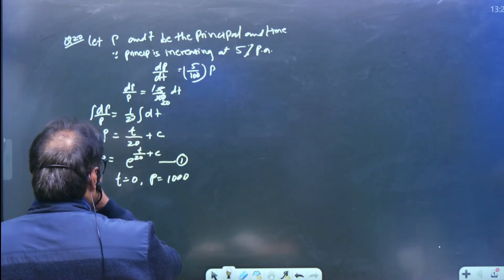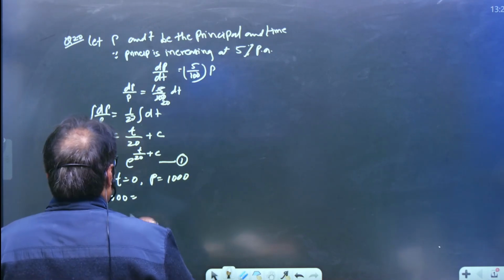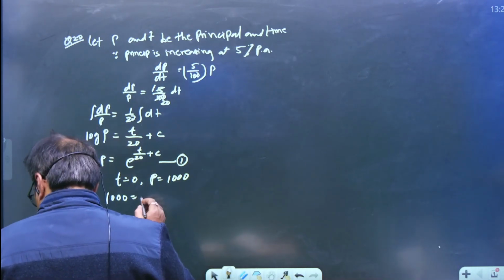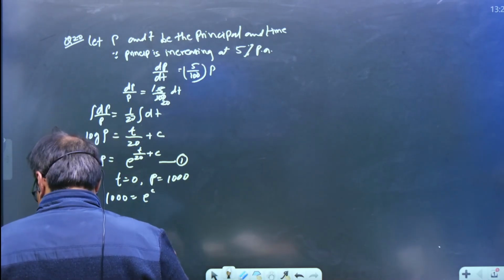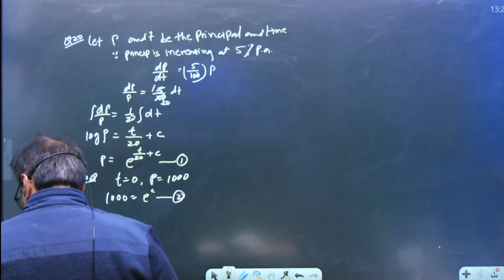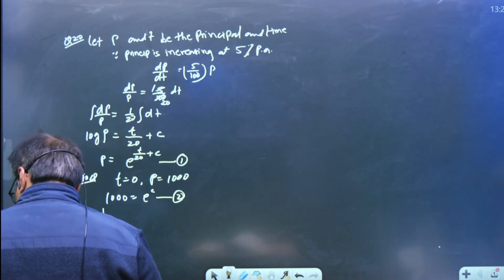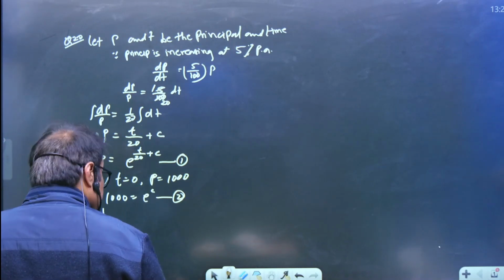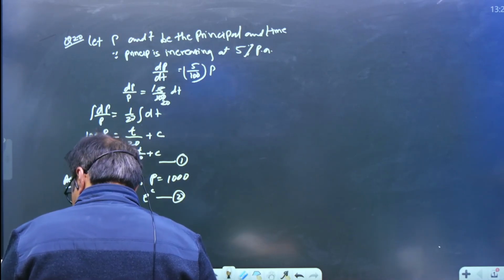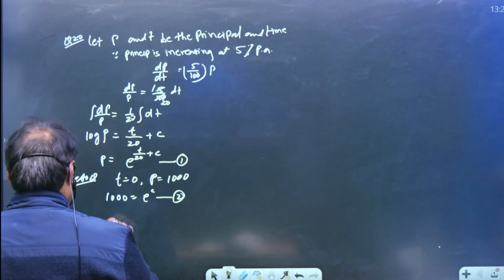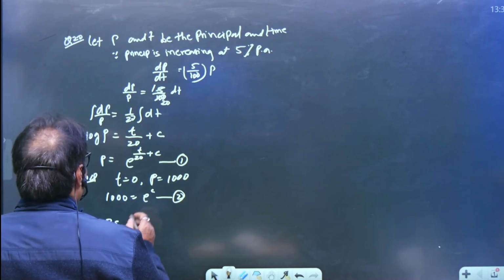So 1000 is equal to, 0 by 20 means 0, so it will be the value of e to the power c. Put it as result number 2, and at T is equal to 10, P is equal to e to the power 1 by 2.